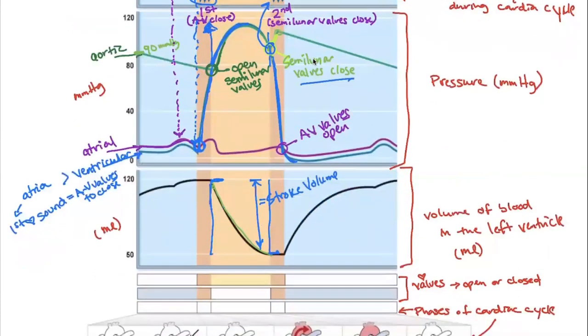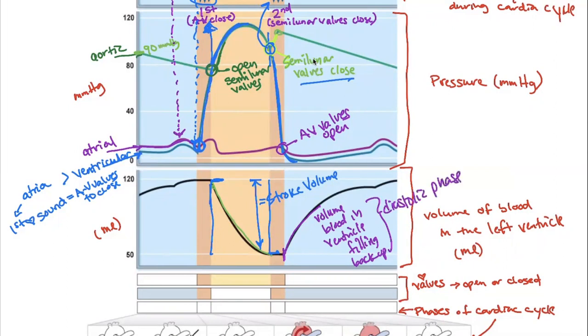AV valves open here, and that's where you see, again, the volume of blood in ventricle filling back up. And this is due to the diastolic phase, right? So you're filling back up with blood.